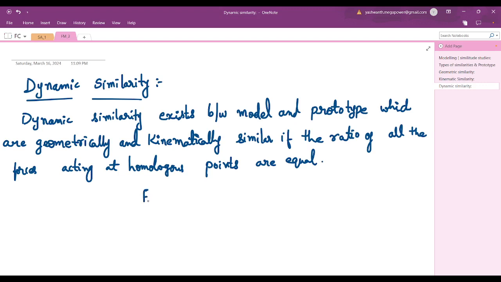That is, force in the model divided by force in the prototype should be equal at all the homologous points, and this is called the force scale ratio.